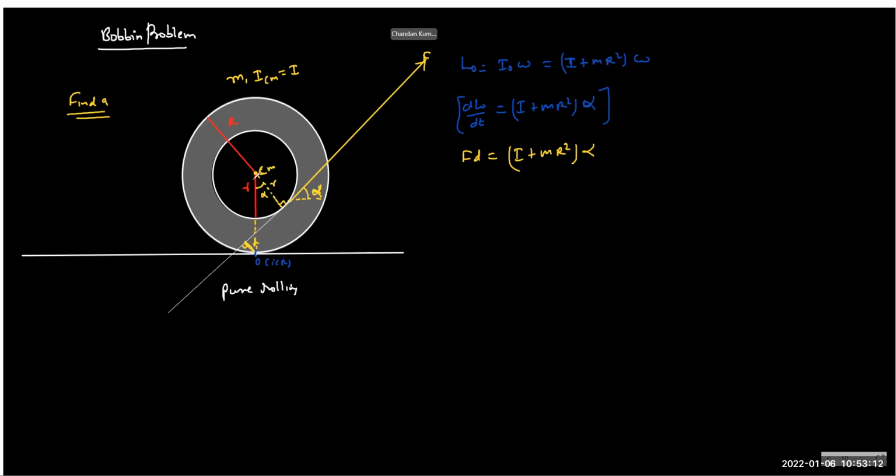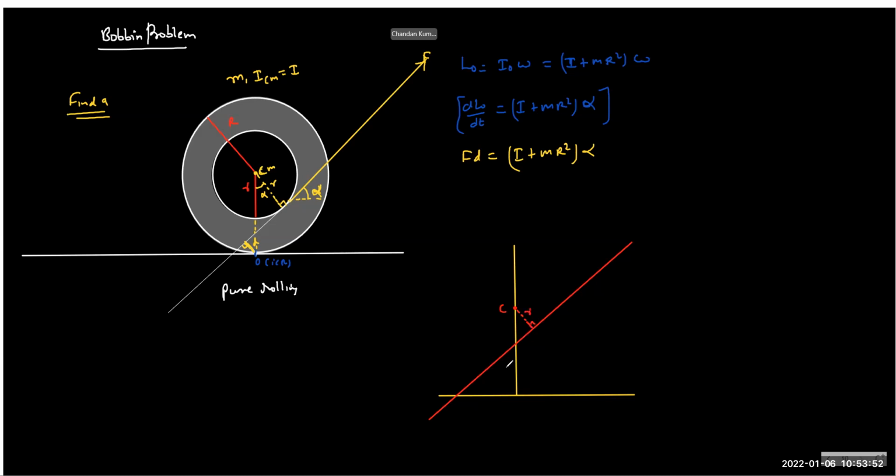Now it's pure geometry. So let me do this geometry separately, in a separate diagram for better understanding. Maybe this is the center of mass.